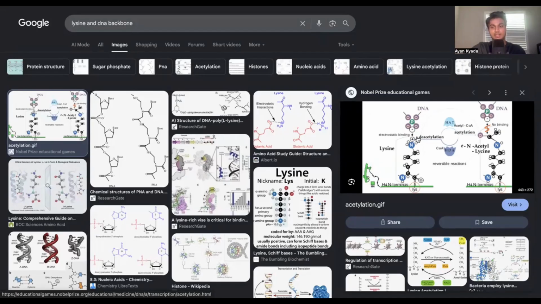It forms a tight electrostatic bond with DNA, and they're basically locked together. But when you acetylate this lysine amino acid, you neutralize the charge. So now there's no more electrostatic interactions that is binding up DNA. So now DNA is free from the histone proteins and free to be acted upon.